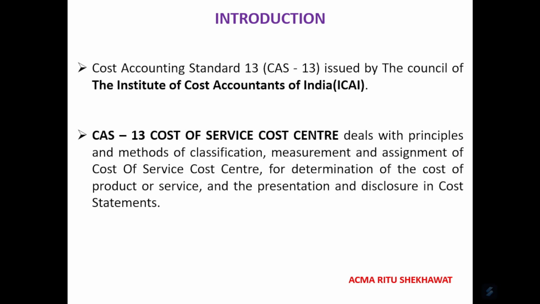Service departments are not directly involved in the production of goods, and since the service department gives services, it will be incurring cost in providing those services. Listen carefully: it will be incurring cost in providing the services.